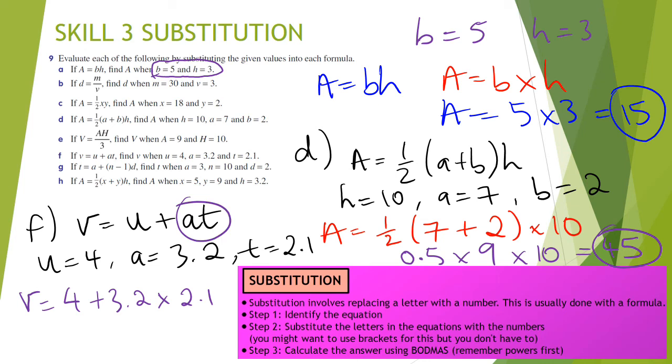Remembering that these two letters are written next to each other, so they're multiplying. That's why I've put the multiplication symbol here. So you can go straight to the calculator if you want, or you can work out 3.2 times 2.1. Quickly work that out. 3.2 times 2.1 is 6.72, so we've got 4 plus 6.72, which gives us 10.72 as our final answer.